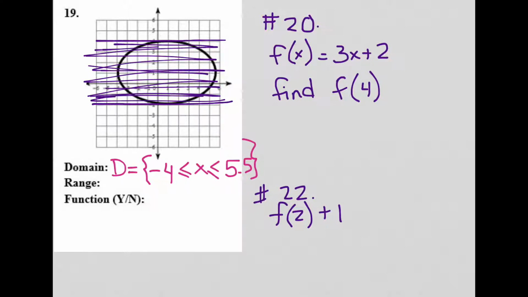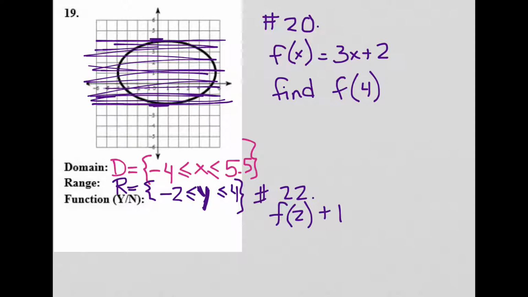So let's describe that section. The range is going to be, the first time we encountered the function was down here at negative 2 for y. And the last time we encountered the function was up here at 4. And I think we could assume that it's actually touching those, so we could put the equals on there.